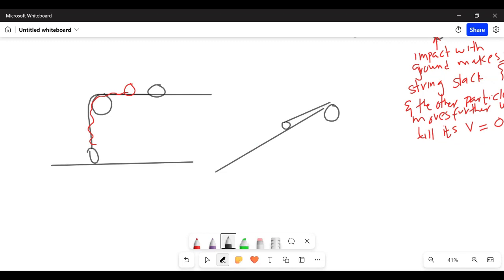As soon as the object hits the ground, because of the impact, the string will slack and it will make the particle move further up the slope. And at its highest position, the velocity is going to be 0, u or v. And after that, the object comes down. And similarly, t up will be equal to t down.